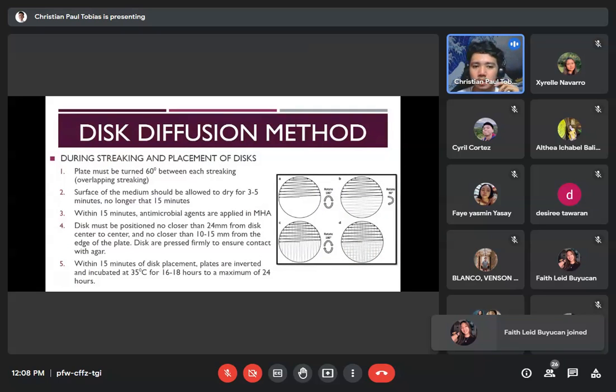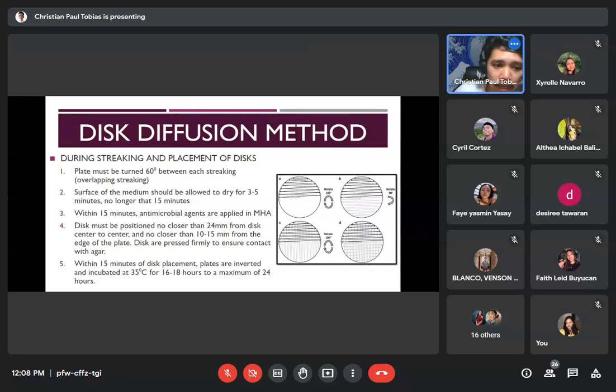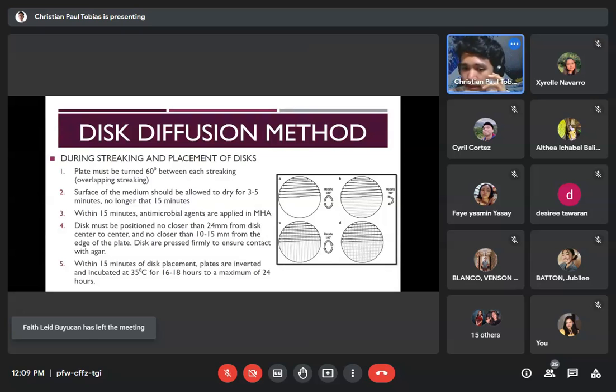Okay, during staging and placement of disc, alam niyo na ito lahat. And I've mentioned before that each laboratory has its own protocols. Ang ginagawa sa amin sa CVMC noon, ulitin ko na lang. So, this is your MHA, your Mueller Hinton agar. Dapat alam nyo rin humawak ng plate.